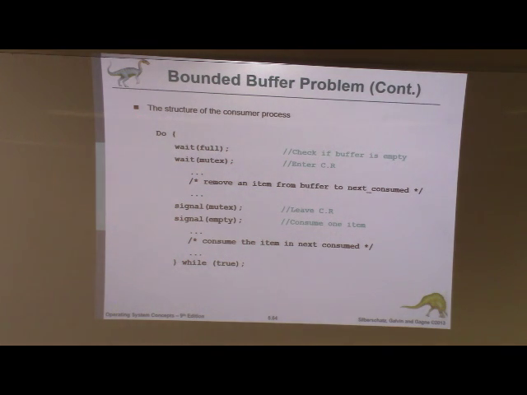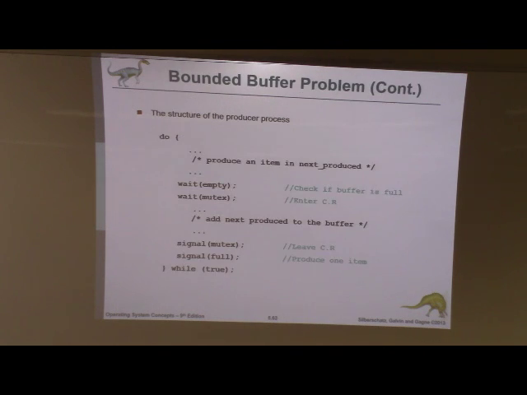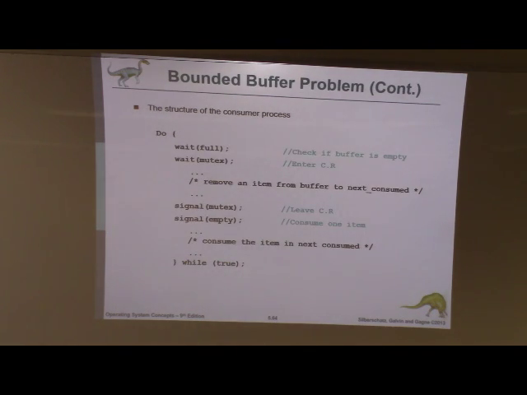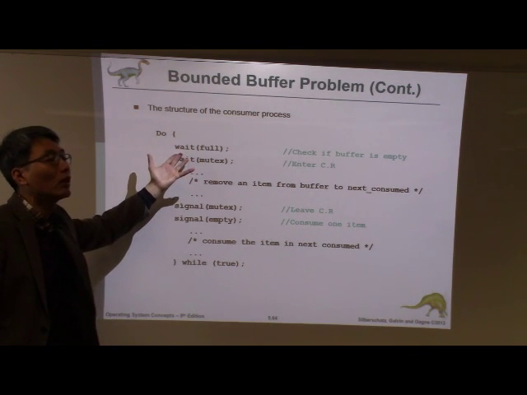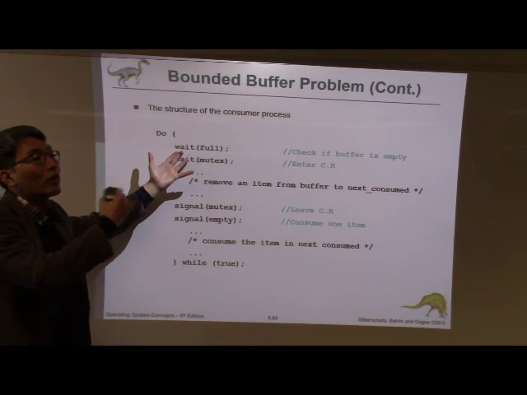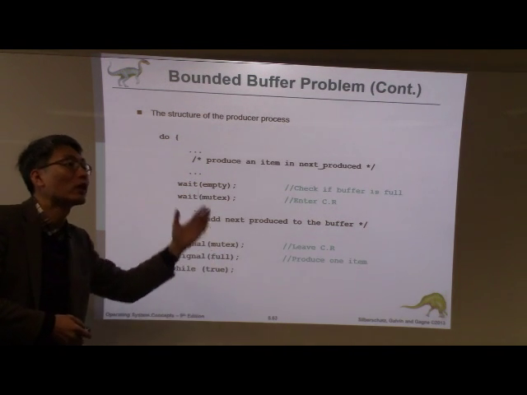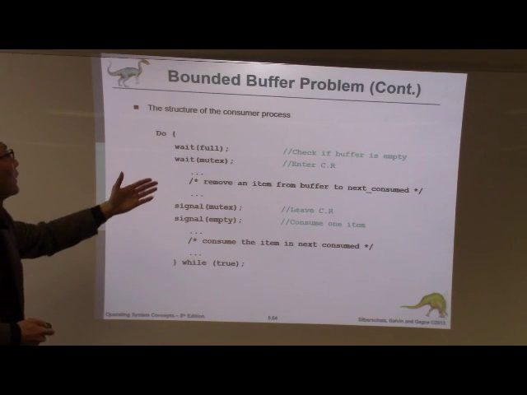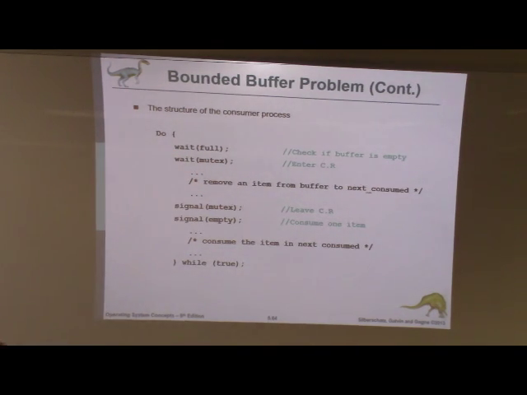Full is initially 0, so in case of 0, there is nothing to read. You cannot decrement until the producer generates data. If a producer generates data, signal full will be increased, and at that time you can enter the critical section.